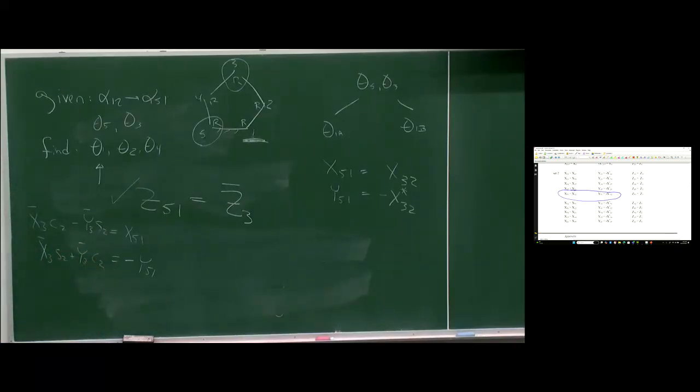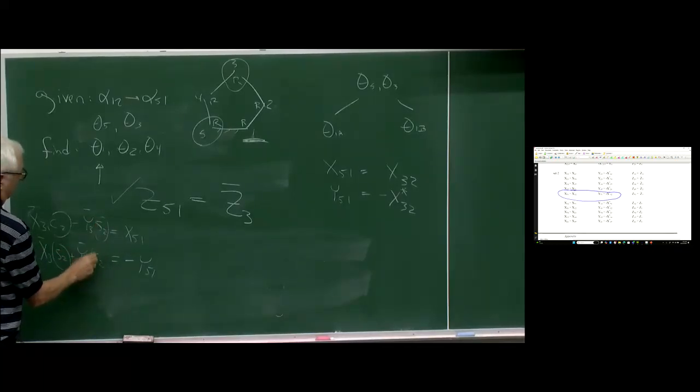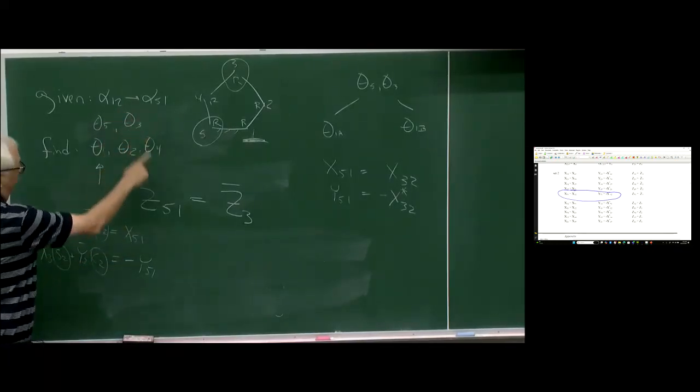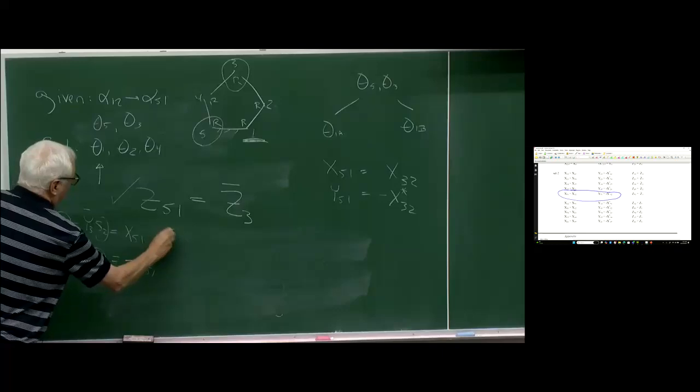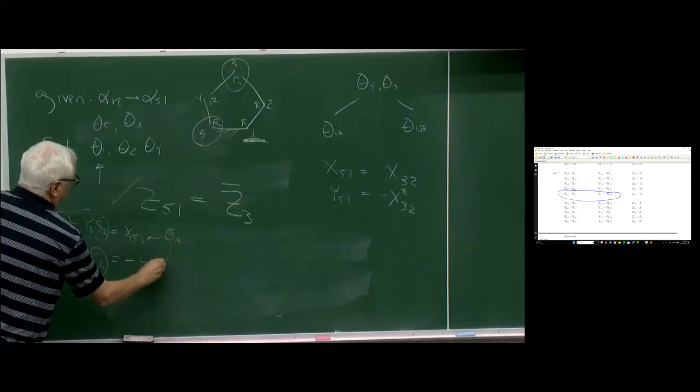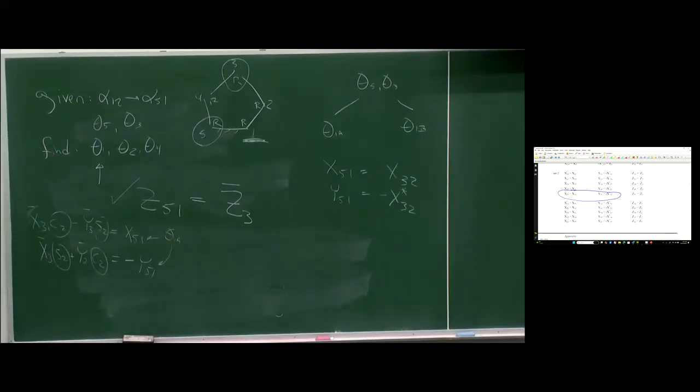So I'm going to take those equations, and I'm going to take the given theta 3, and I'm going to get numbers for the x3 bar and y3 bar. Here's my unknowns. I'm going to take the alphas and theta 5, and I'm going to put theta 1a in there and get numbers for the a case. And then we're going to solve two equations, two unknowns.